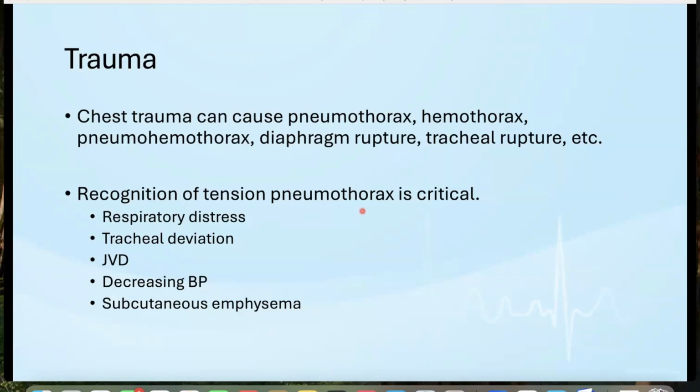Their trachea may begin to deviate away from the side that's affected. They may develop JVD. Their blood pressure may begin to go down as that pneumothorax becomes higher and higher pressurized. It'll impact the ability of the heart to both fill and contract.